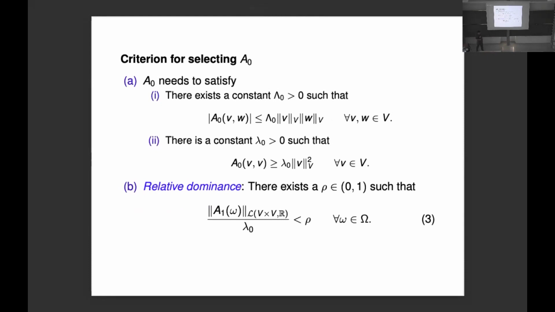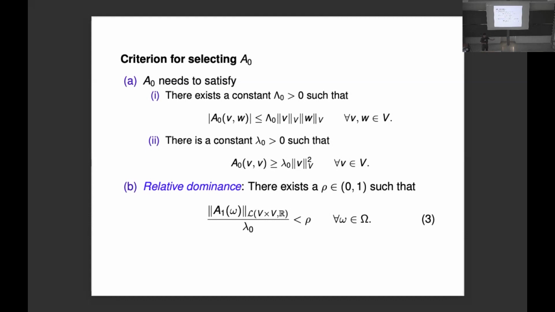And now A0 is important. How to choose A0? This should be problem dependent, so here are a few guidelines. The A0 problem should be well posed, because it's a variational problem. So the first condition says it is well posed. And this is the more restrictive property: the A1 term should be small, a small perturbation, which is called relative dominance.